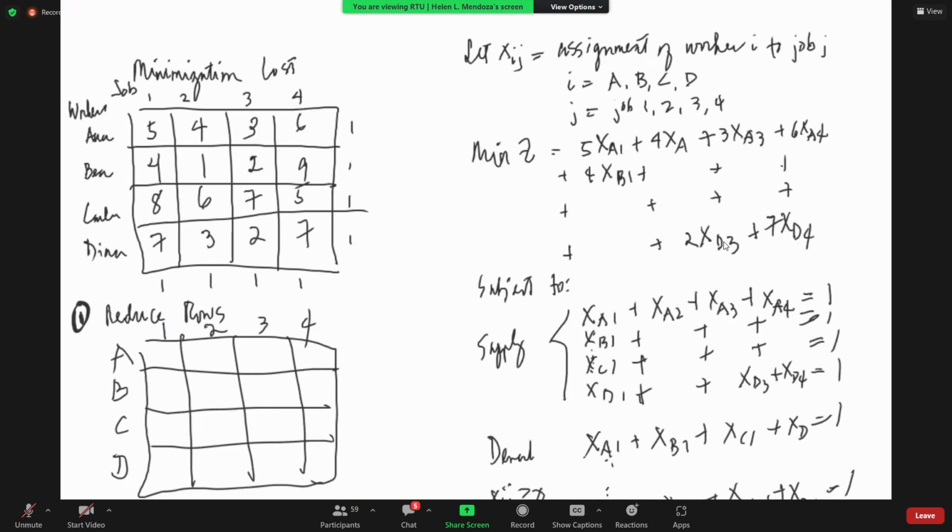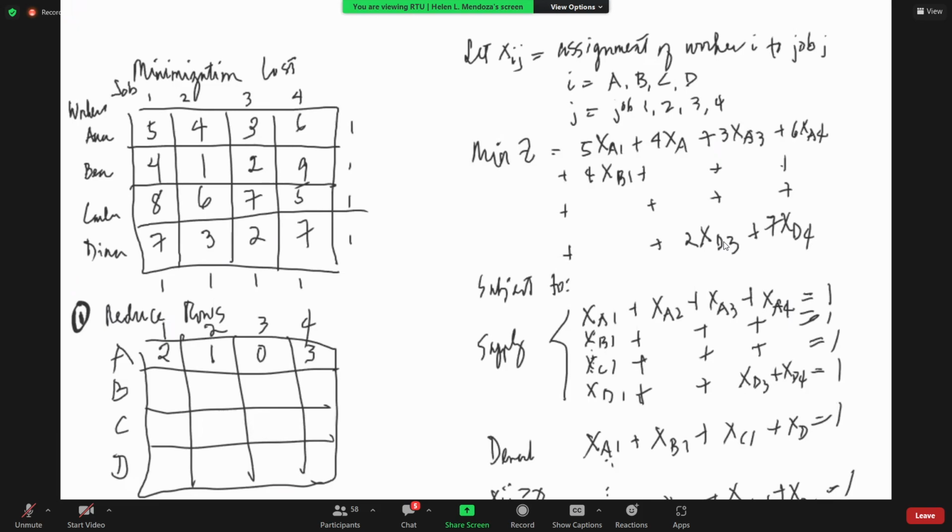Since the objective is minimization, the number that you would like to be replaced with 0 will be the value 3. So the smallest of the values of 5, 4, 3, 6 is 3. So you deduct 3 to all entries in that row. So you have 0. I normally would start with the smallest of the value, then this becomes 3, this becomes 1, and this becomes 2.